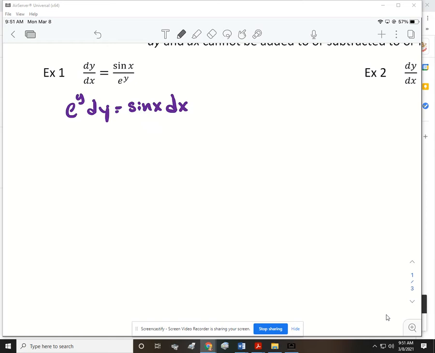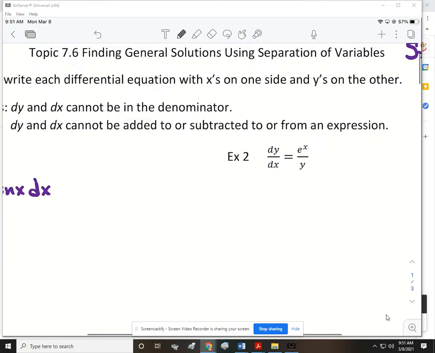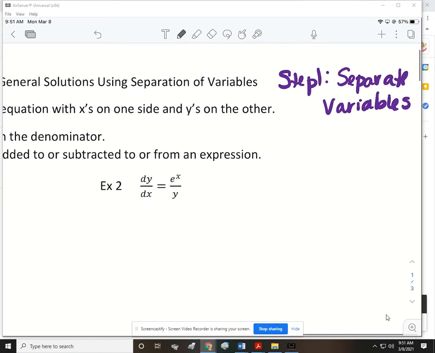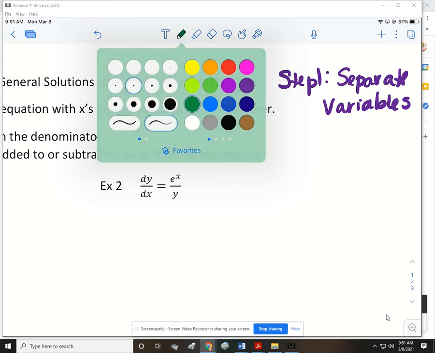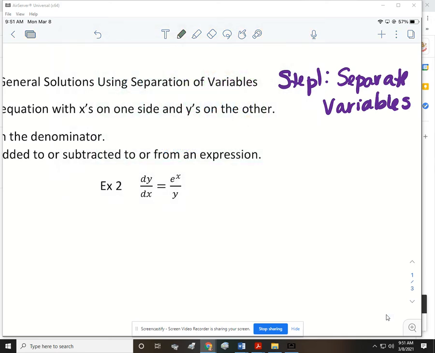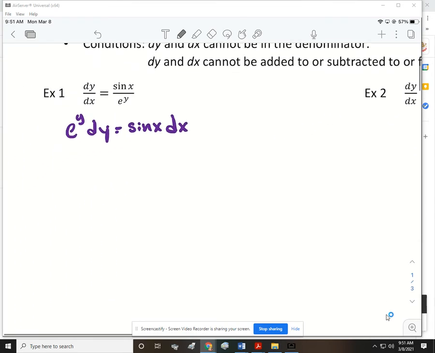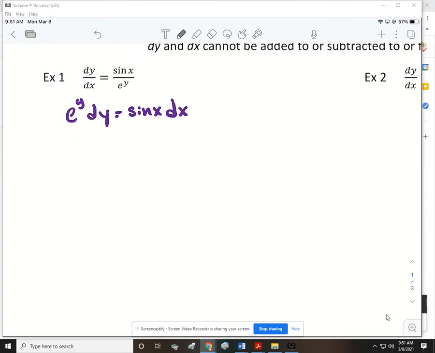All right, and then your second step is going to be to integrate. Okay, so then we're going to take the integral of each side.